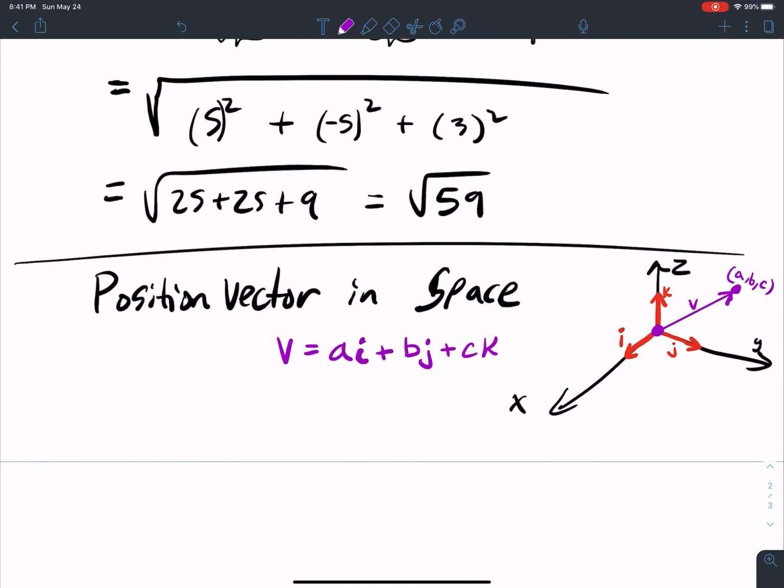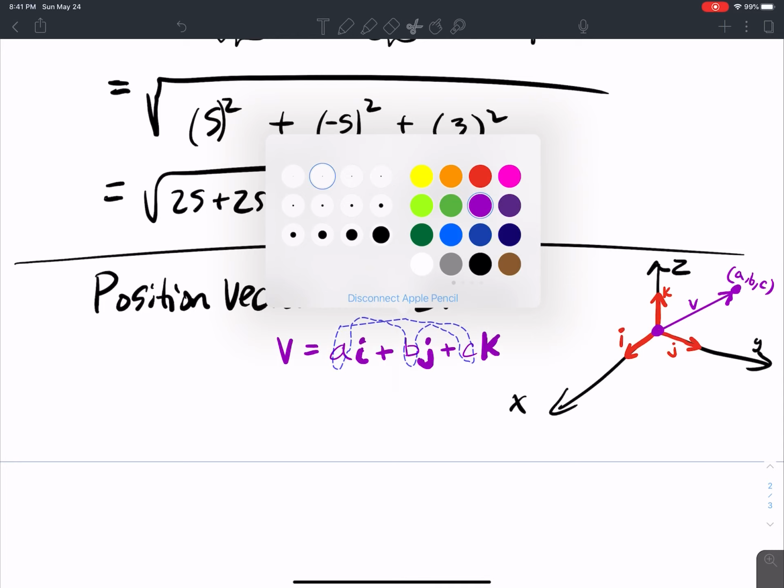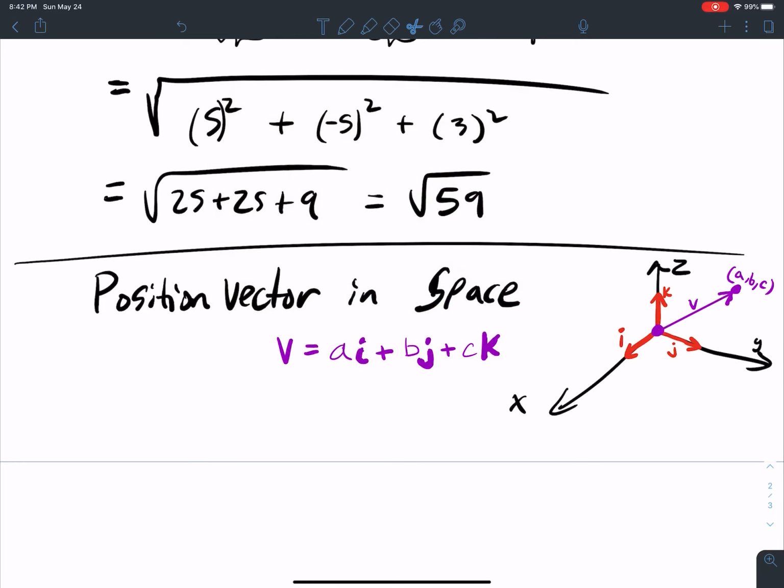So if you want, you can bold your unit vectors. Your book does a little bit bolder, so I might try to make this a little bit less bold. There we go. All right.